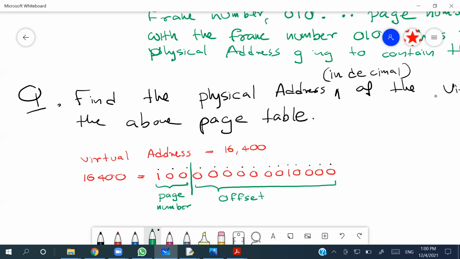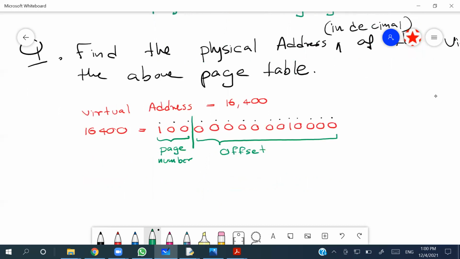So now what we are going to do is look up the page number and the corresponding frame number from the page table, right? So our page number is what? 100.